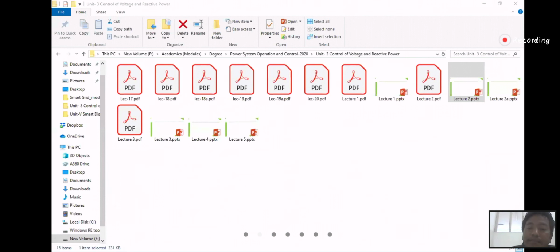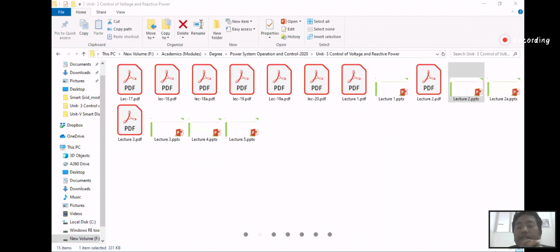Both of them are passive compensation because they are connected permanently, so there is no automatic control. Even if there is automatic control, this will fall under passive. These shunt capacitors will supply the reactive power, which means they inject reactive power into the system to boost the local voltages.